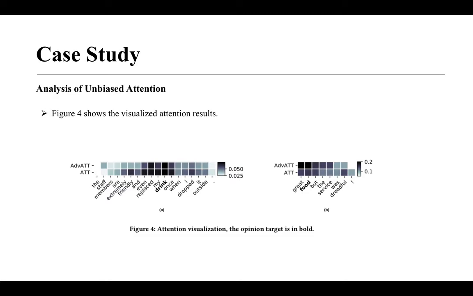In order to understand how unbiased attention contributes to the model's performance, we pick some test examples. Figure 4 shows the visualized attention results. For the sentence in Figure 4a, "the staff members are extremely friendly and even replaced my drink once when I dropped it outside," the target word is drink.